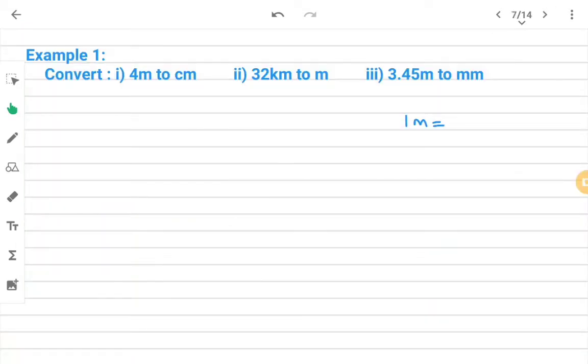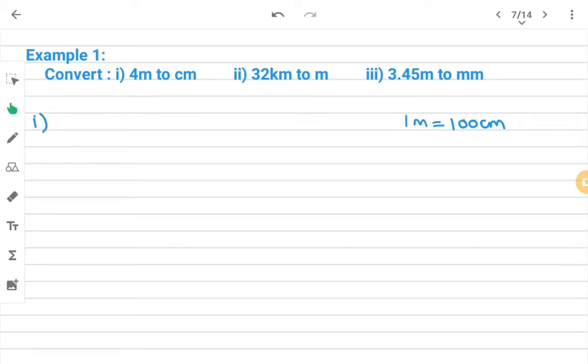Now I am going to convert 4 meter to centimeter.